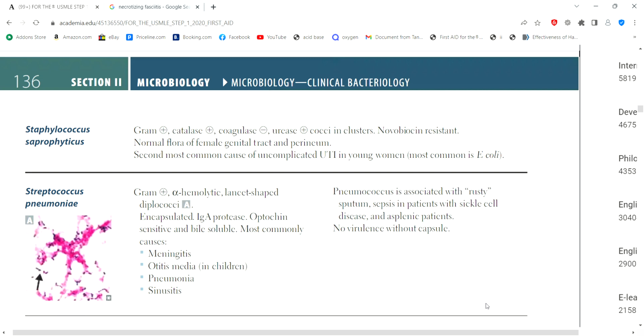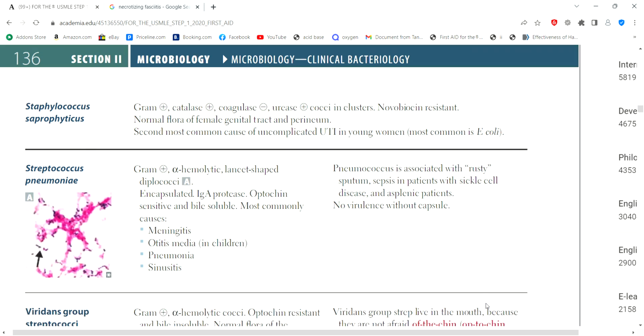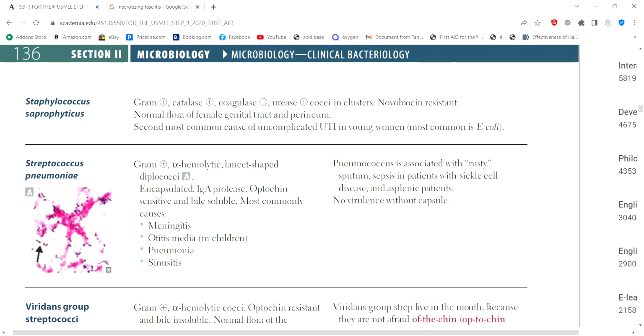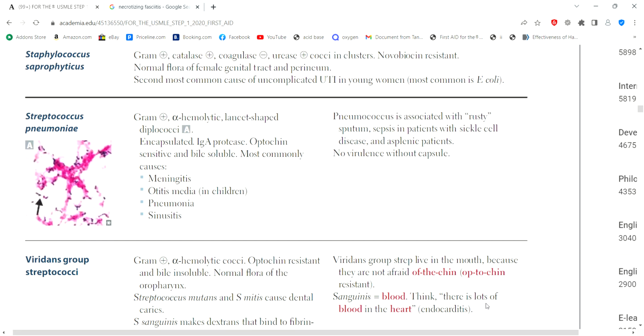It is the second most common cause of uncomplicated UTIs in young women. The most common is E. coli. That is all you have to know: novobiocin resistant, coagulase negative, and it causes UTIs in young women.